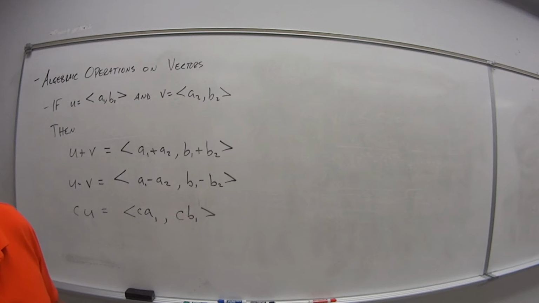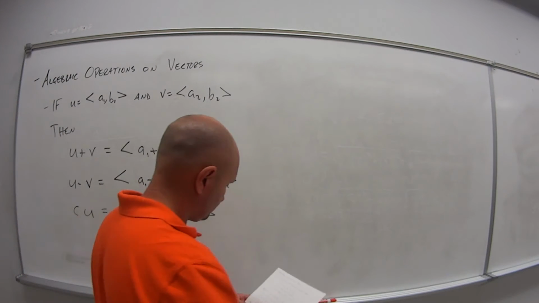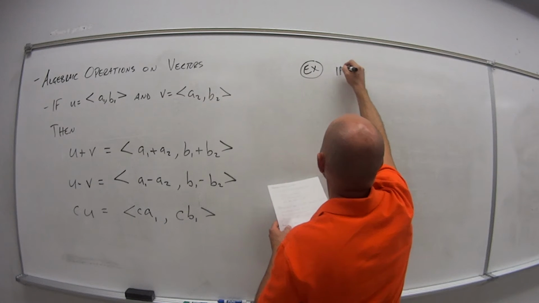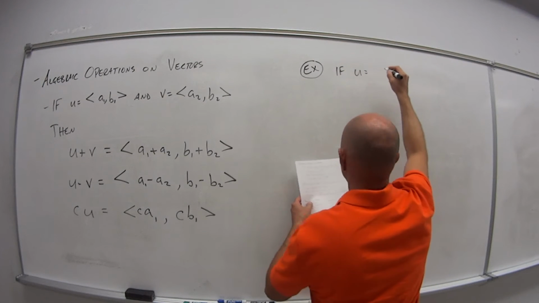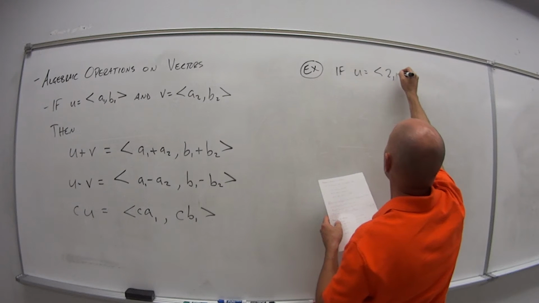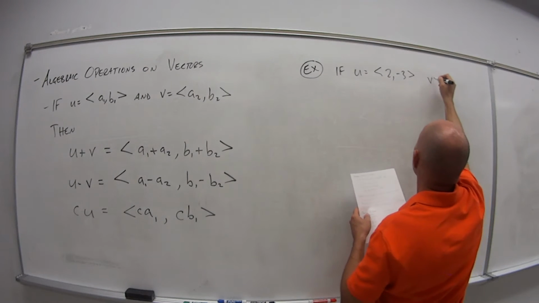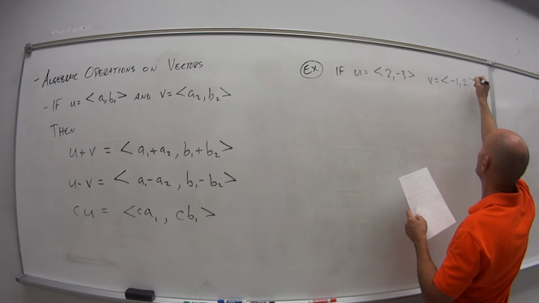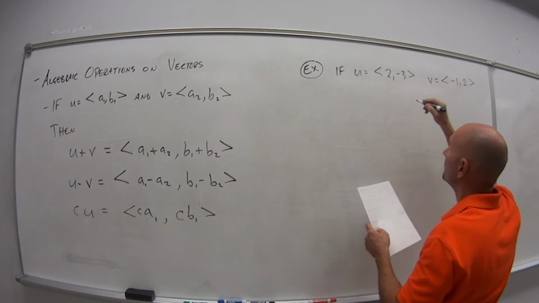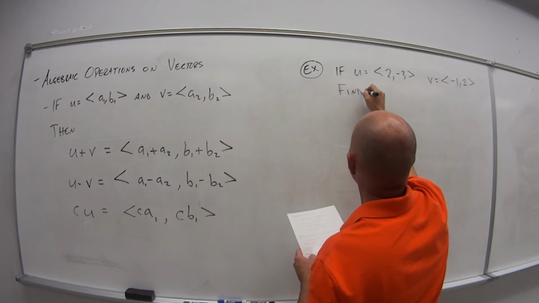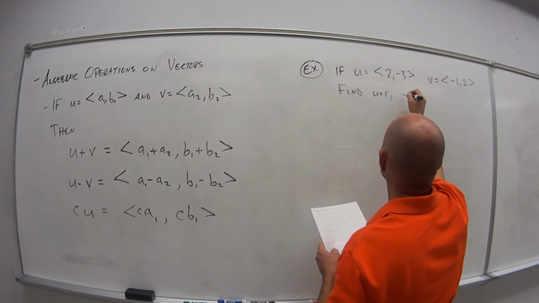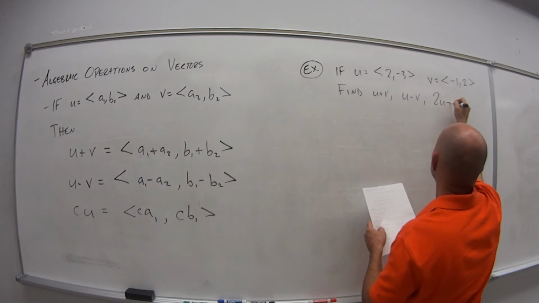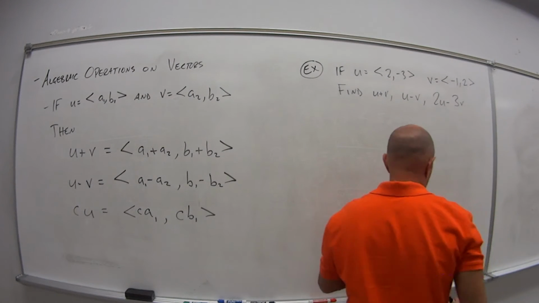So let's look at an example of that. If U is (2, -3) and V is (-1, 2), we want to find U plus V, U minus V, and 2U minus 3V.